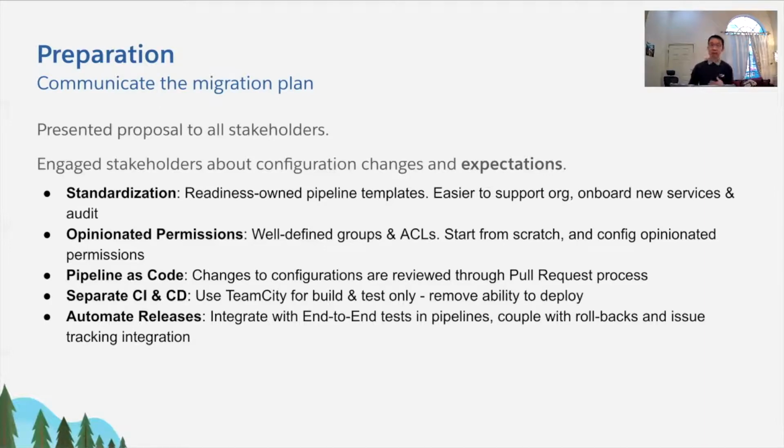For example, production can only be triggered by dedicated personnel. Pipeline as code: configuration changes go through the pull request review process. We separate CI from CD, so TeamCity remains serving build and test, and we remove TeamCity's ability to deploy.